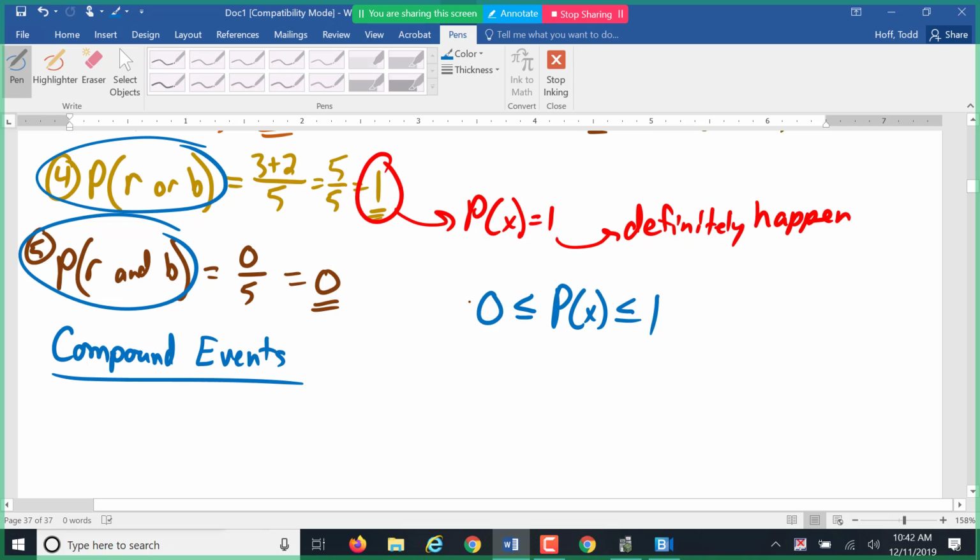We were only choosing 1 marble, but we were combining 2 possible characteristics, possible outcomes, in that single event. The OR was possible because we only need one of the two things to happen. If either one of them happens, we've met that condition. The AND requires us to meet both conditions. And in this example, it wasn't possible to meet both conditions. We'll look at other possibilities where we can meet both conditions.